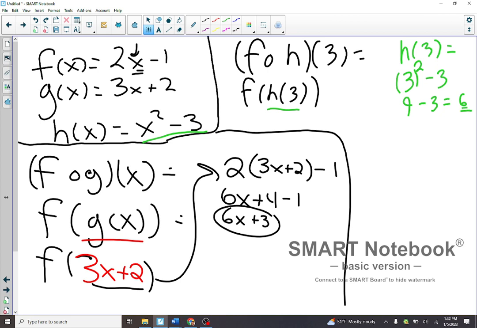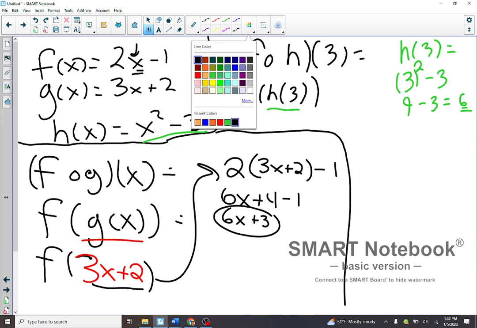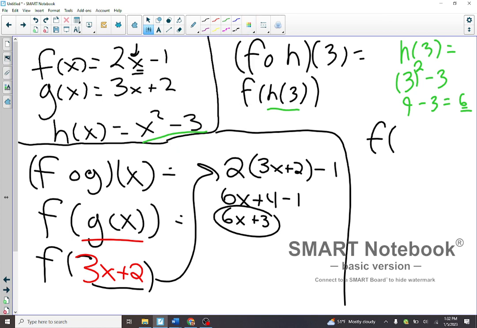Since they're the same, I can substitute them. I'm going to rewrite this part as f of what number? 6. It's going to be f of 6, because I figured out H of 3 equals 6. What do you mean they're the same?